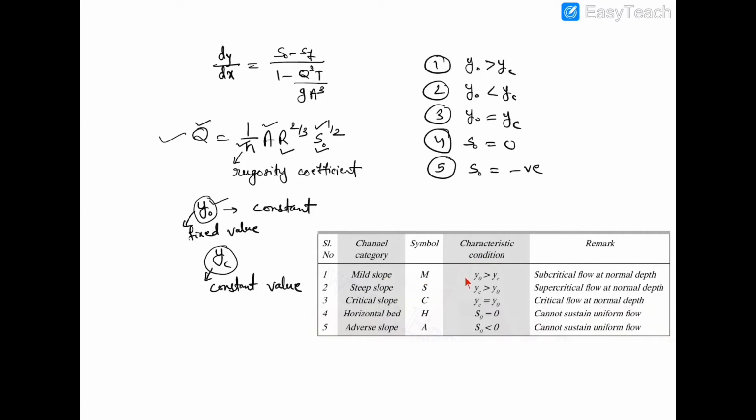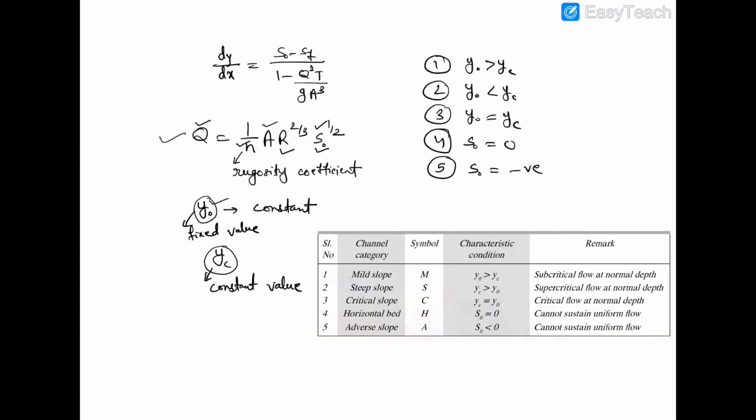The characteristic condition is Y naught is greater than YC, means in this case the normal depth of flow is greater than the critical depth of flow, and for this condition the flow is classified as subcritical flow. Means in mild slope the subcritical flow takes place.